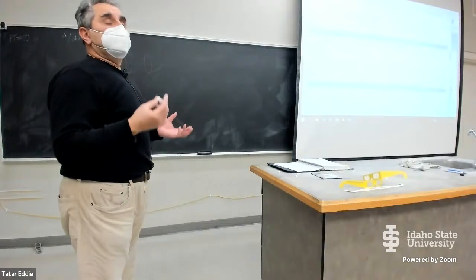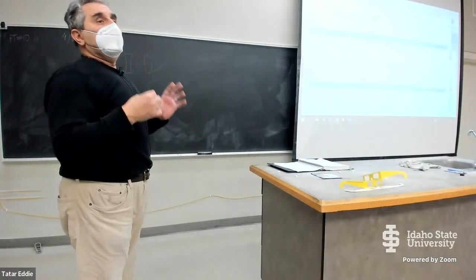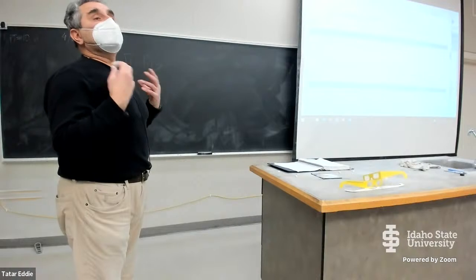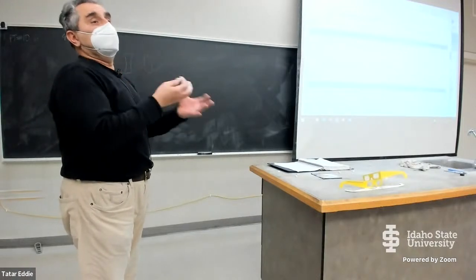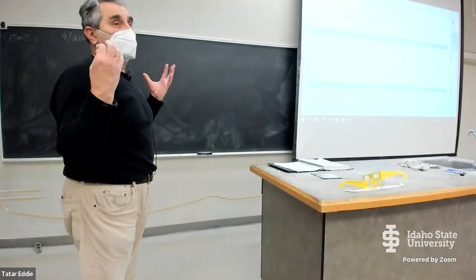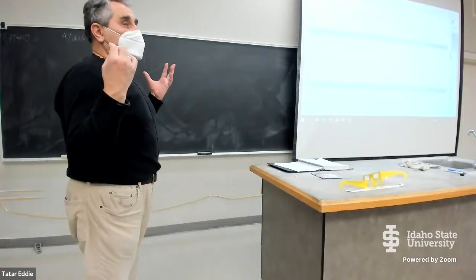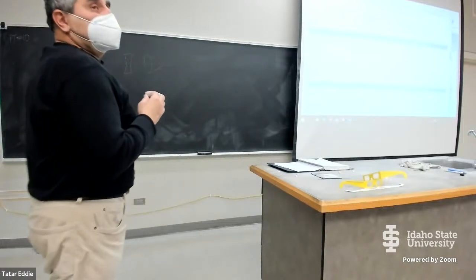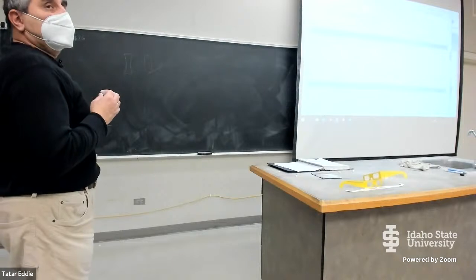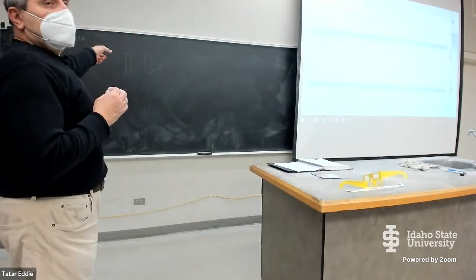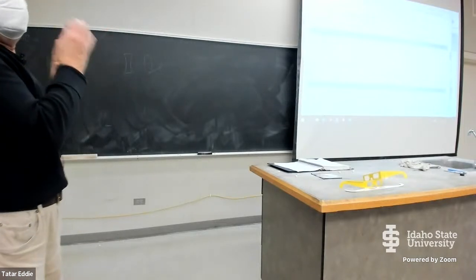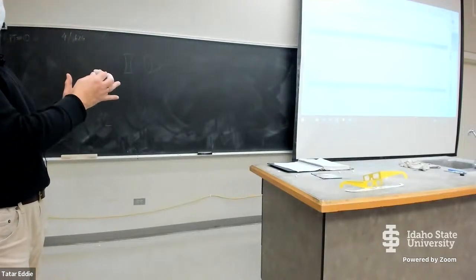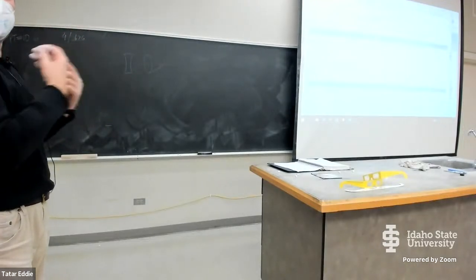It takes an object at infinity and generates an image at the far point where the eye can take over and see it. So, object placed at infinity, the lens of the eyeglasses generates an image at the far point where the eye can see it.